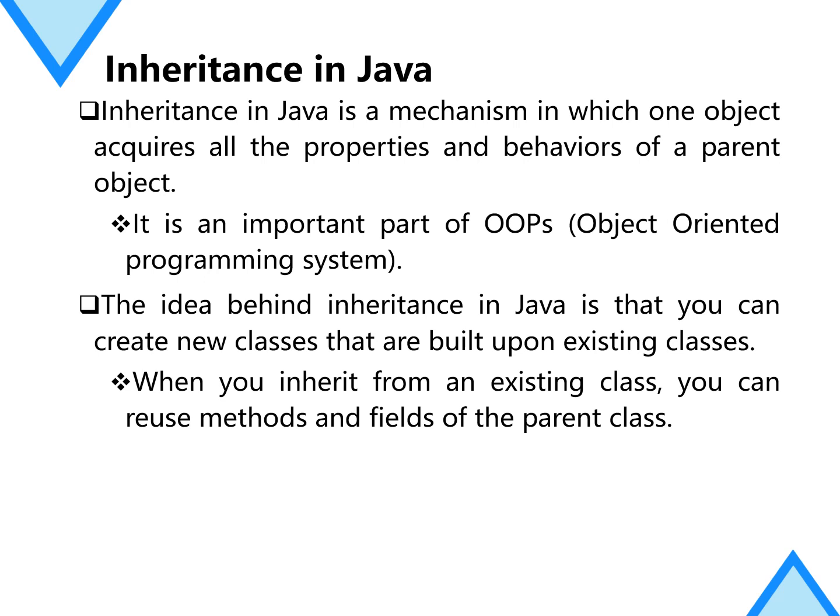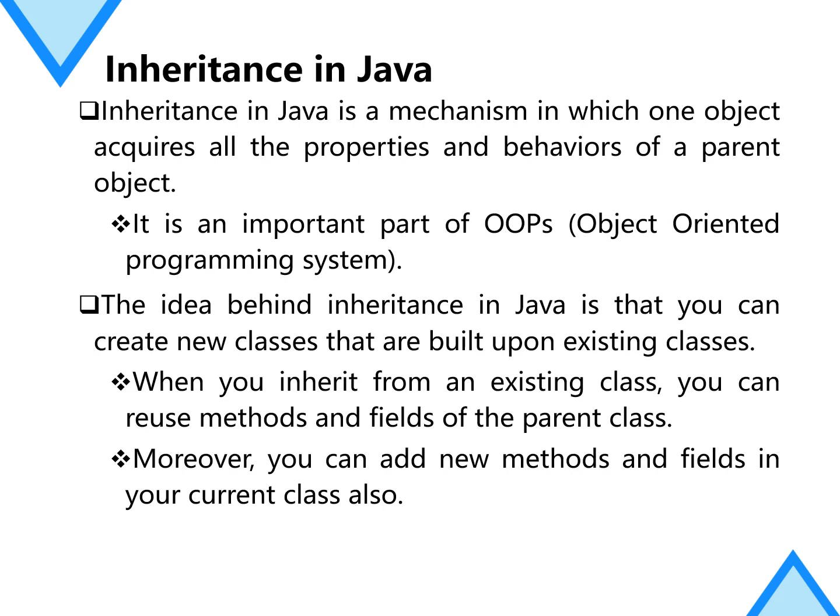The doctor class may have some member functions and some data members like ID, name, scale, and salary, etc. And we can also declare new data members in the child class like experience level, etc. So you can add new methods and fields in your current class also. In the child class you can also declare new methods and new data members like some variables.